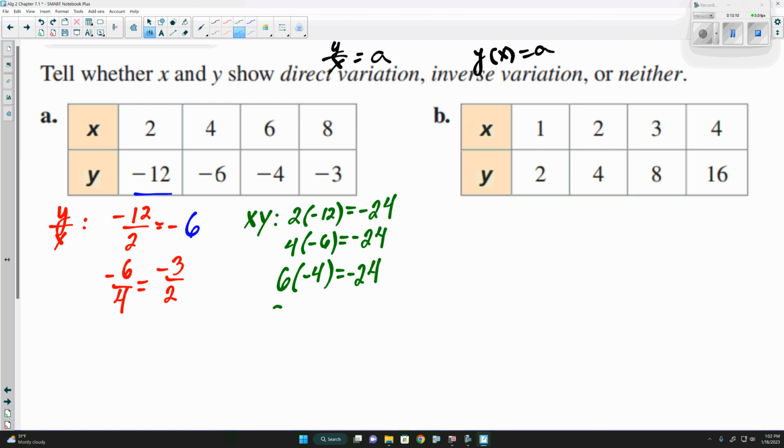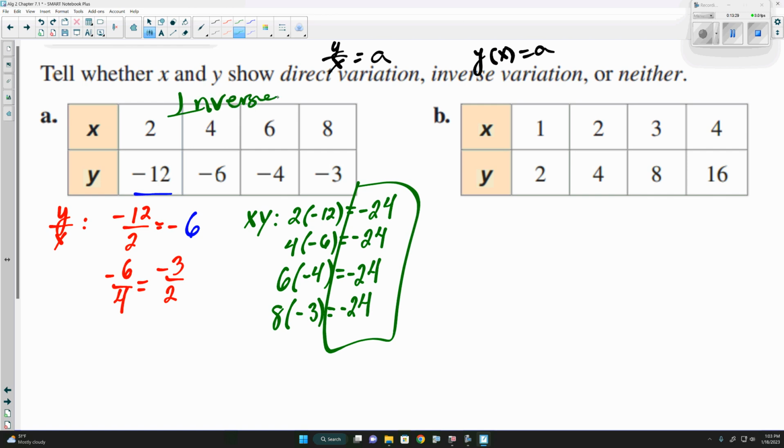And lastly, 8 times negative 3 is negative 24. We get negative 24 across all 4, yes? So that tells us it's what? Inverse variation, because that amount, that scale that we had, is the same for all of them.